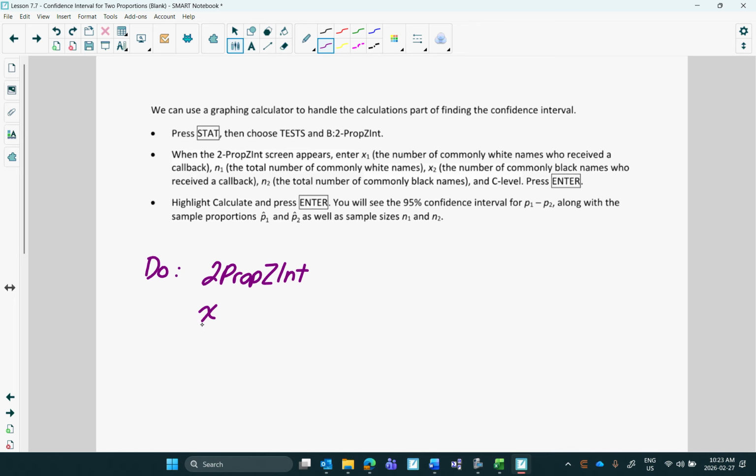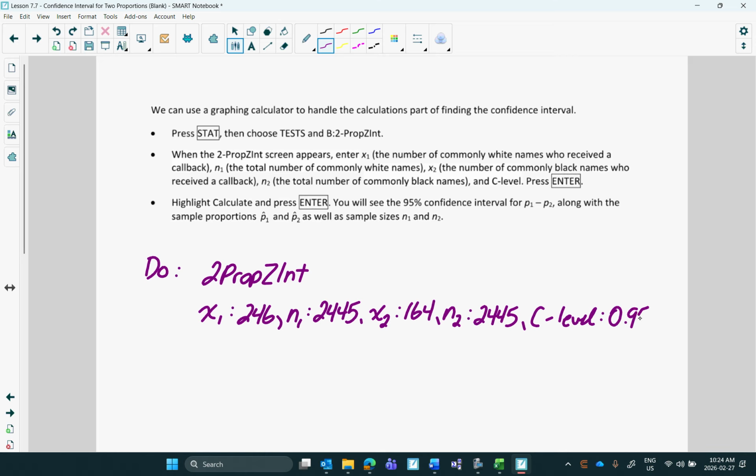And we've got X1 as, let me refresh my memory here, 246. N1 as 2445. X2 as 164. N2 also is 2445. And C level 0.95.